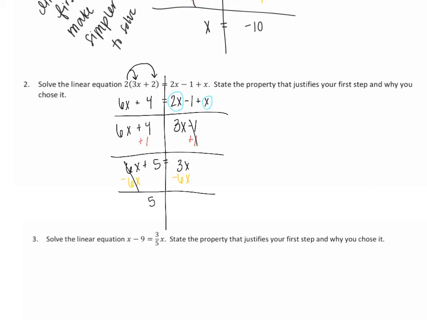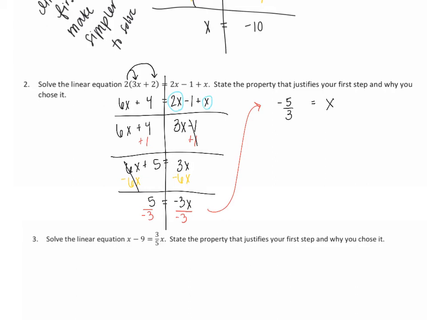I'm left with 5 equals 3x's, take away 6x's, that's going to give me negative 3x's. My last step here is to divide by that coefficient, get my x by itself, so divide by negative 3, divide by negative 3. I'm going to continue my work up here. This becomes negative 5 over 3 equals x. Okay, so that's my answer.